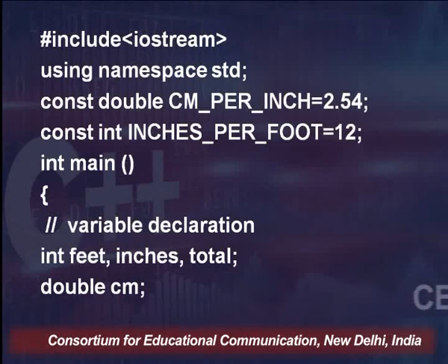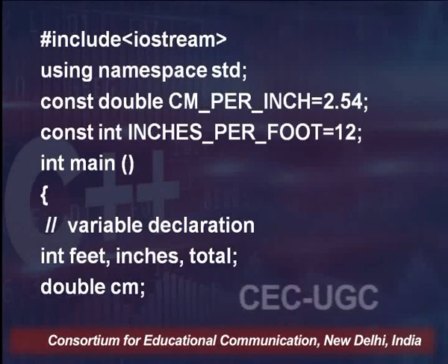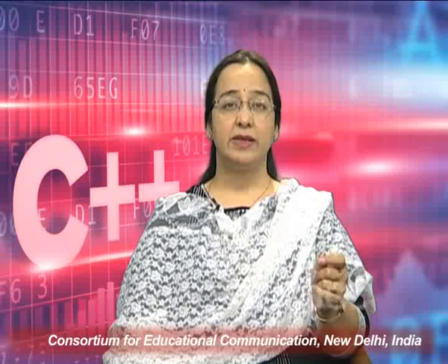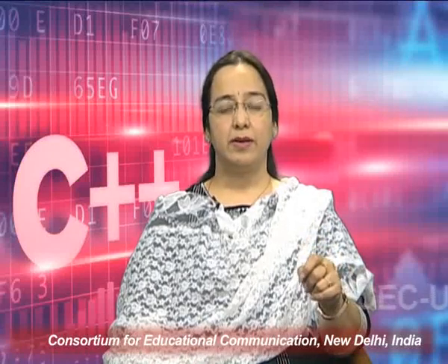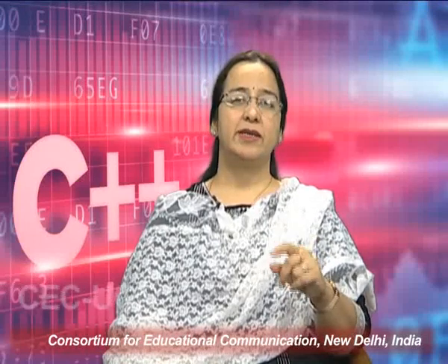I have not covered it yet, but soon I will be covering why this namespace std is required. So as of now, you can take it as it is: #include <iostream> is the inclusion of the library iostream within the program.